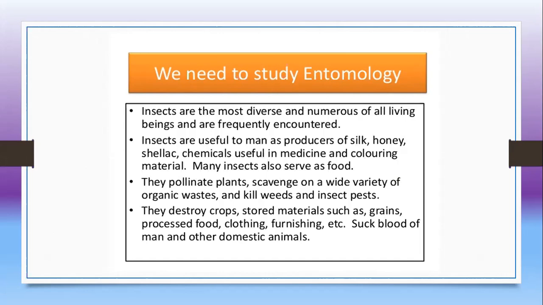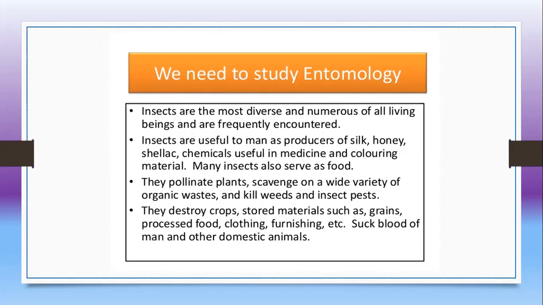Not only beneficial insects, there are certain kinds of harmful insects which destroy crops, stored materials such as grains, processed food, clothing, furnishing, and even they suck the blood of the man, which are considered to be hematophagous in nature, and they are phytophagous in nature on plants as well.